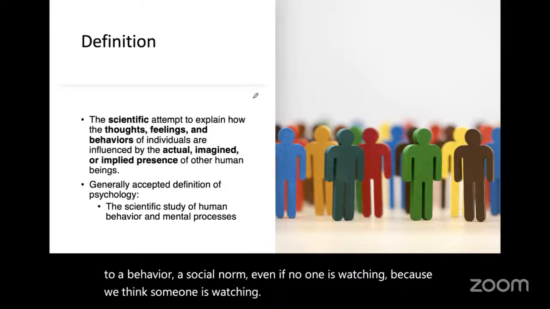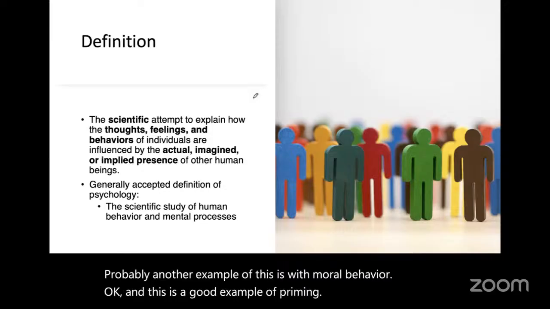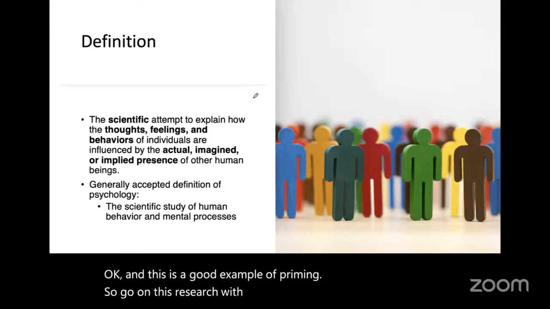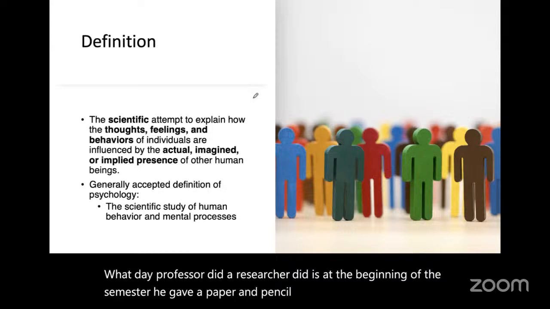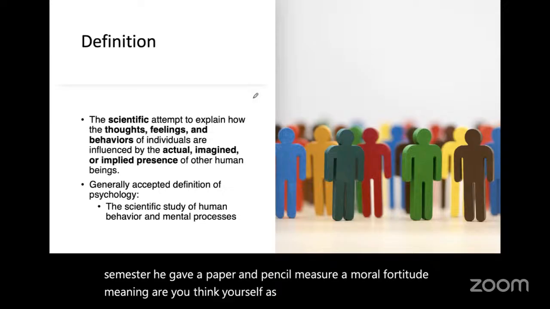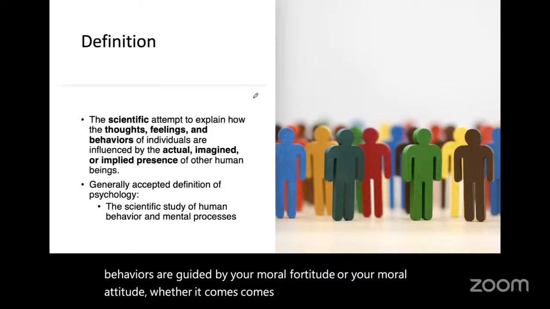Probably another example of this is with moral behavior, and this is a good example of priming. So go on this research with me. What a researcher did is, at the beginning of the semester, he gave a paper and pencil measure of moral fortitude, meaning, do you think of yourself as a highly moral person whose behaviors are guided by your moral attitude, whether it comes from religion or whatever?